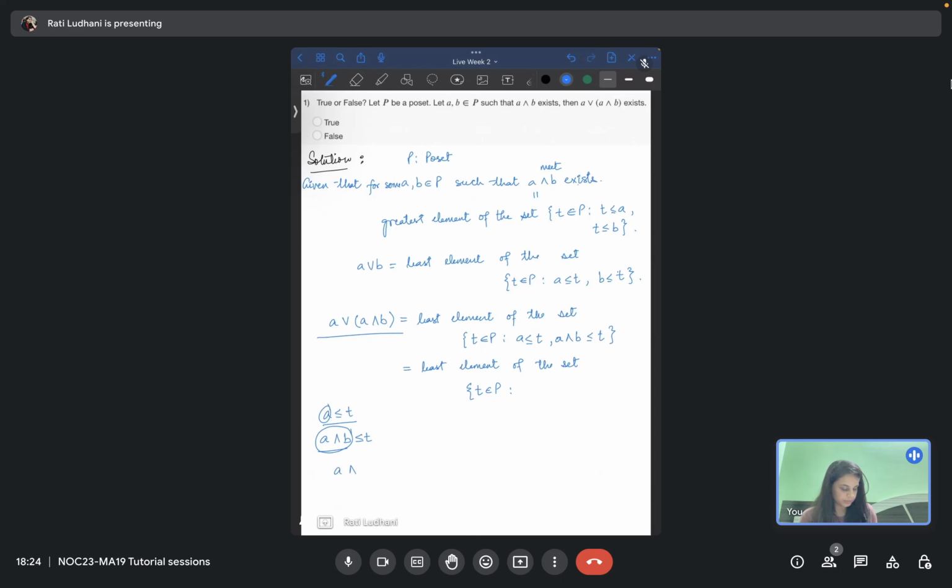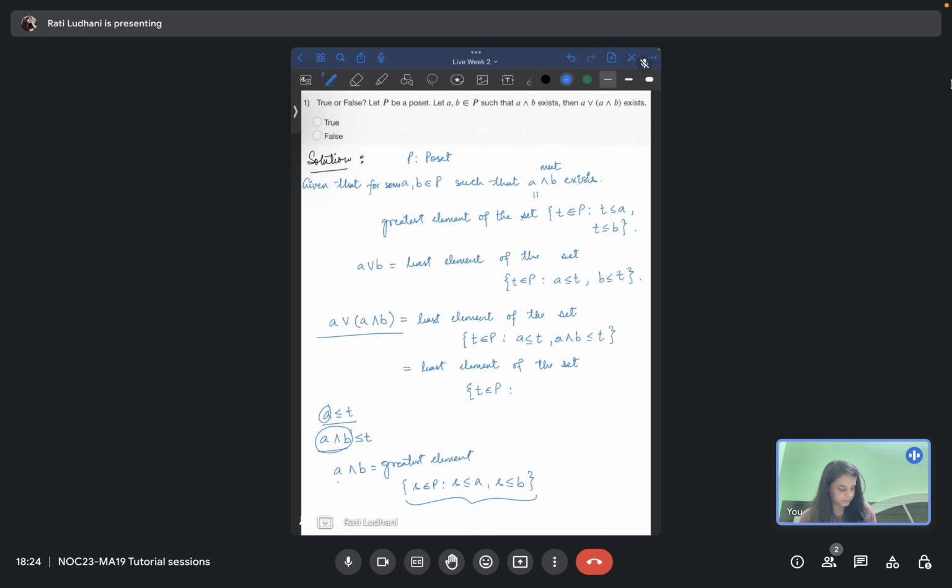We know that A meet B is the greatest element of the set of T belonging to P, or if you are confused, you can use S, such that T is less than or equal to S, and now we are just with S, so S is less than or equal to A, and S is less than or equal to B.